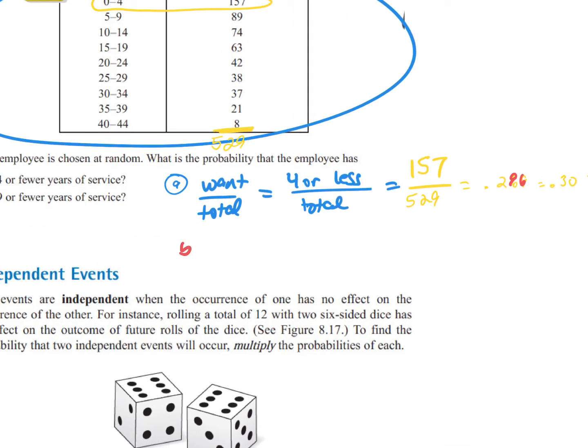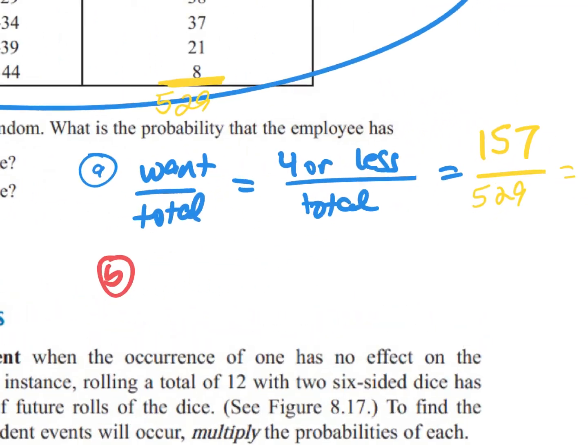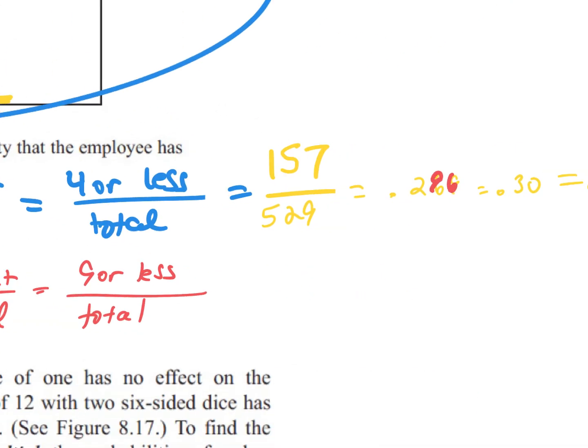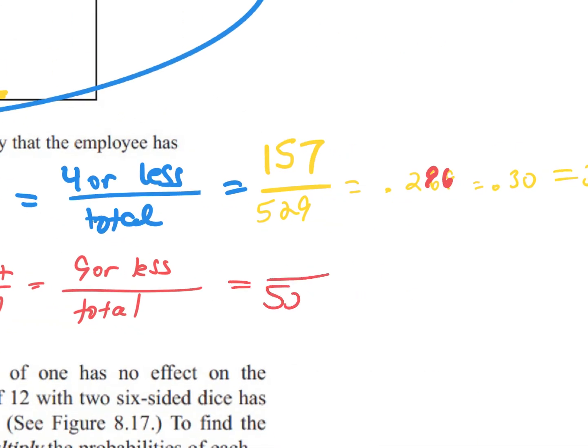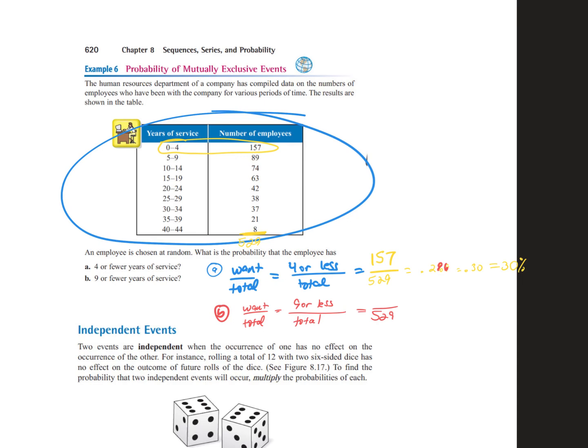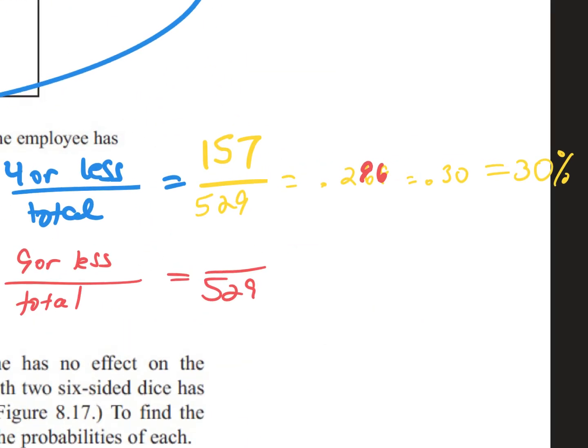All right, B. B is asking me for 9 or fewer years. So want over total. 9 or less over total. Well, we already know what the total is, right? The total didn't change. It's still 529. How do I figure out the 9 or less? You add them. I add 157 and 89. 157 plus 89 is 246.